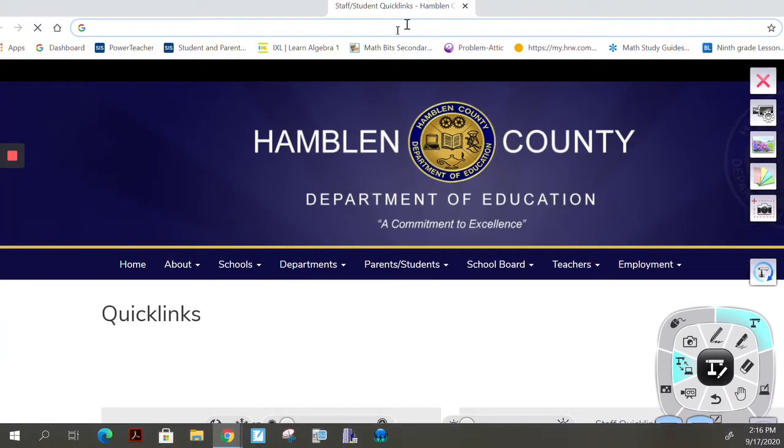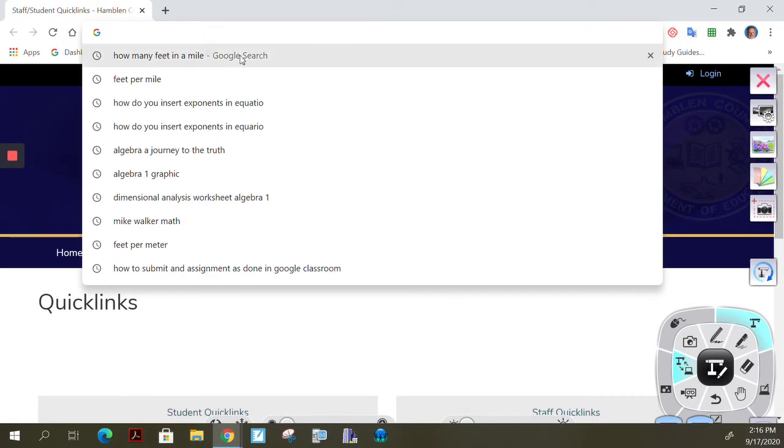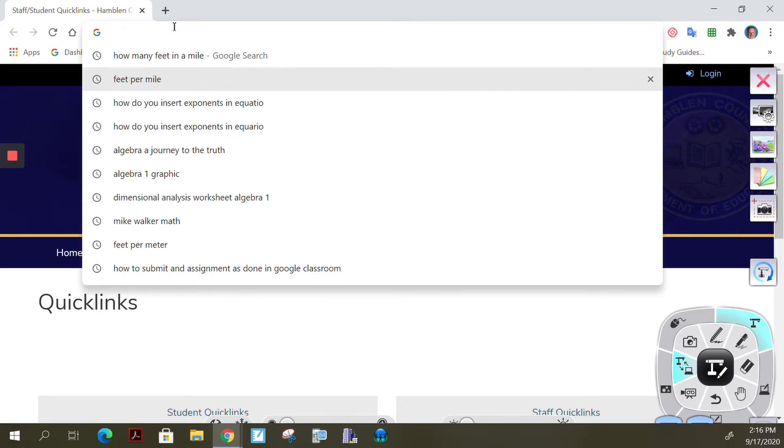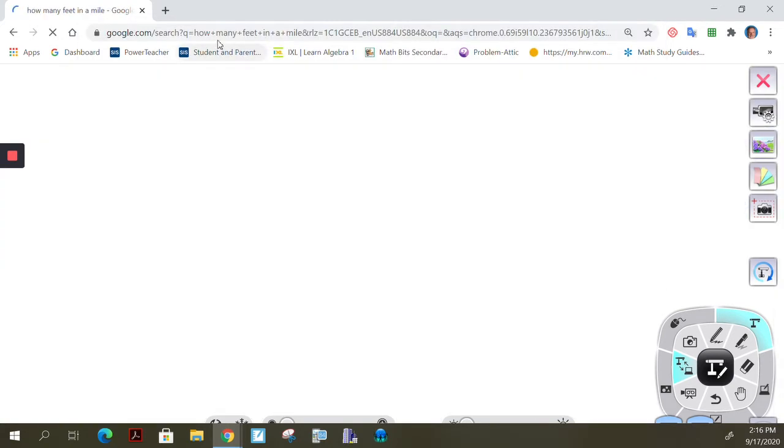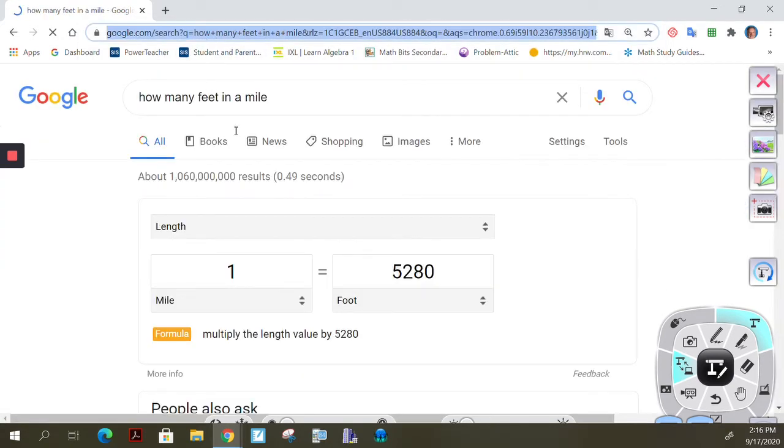Well, it's a very common search in Google. Here's what you do. You just type in how many feet in a mile, and it'll probably complete it for you.